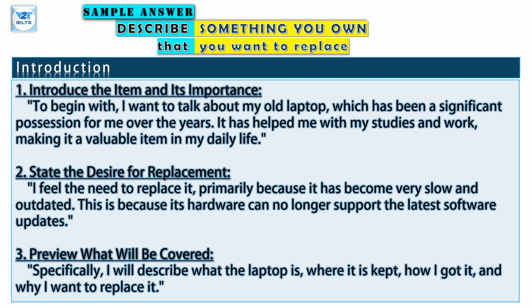I feel the need to replace it, primarily because it has become very slow and outdated. This is because its hardware can no longer support the latest software updates. Specifically, I will describe what the laptop is, where it is kept, how I got it, and why I want to replace it.